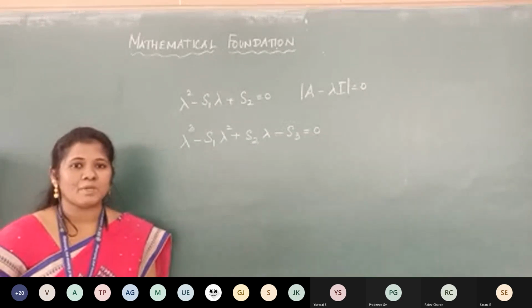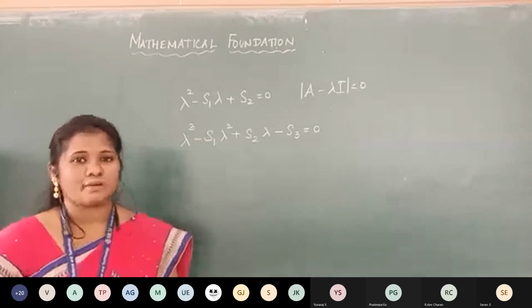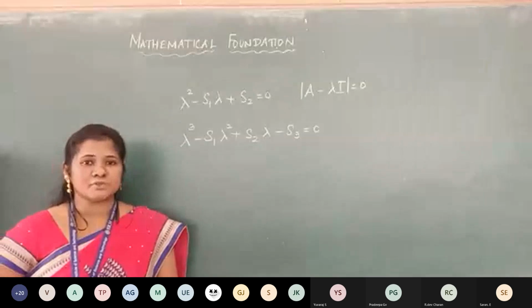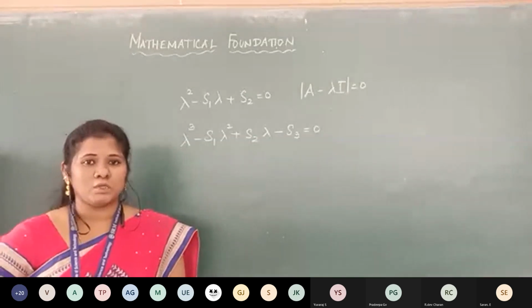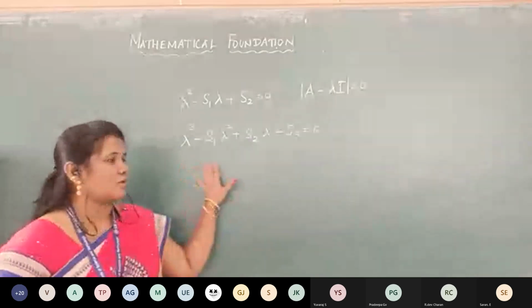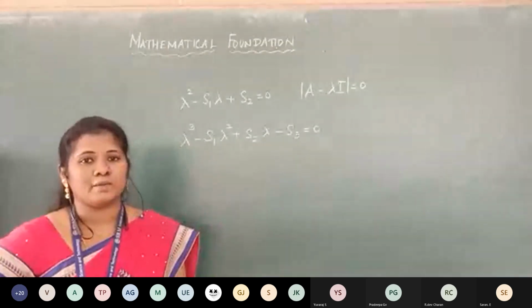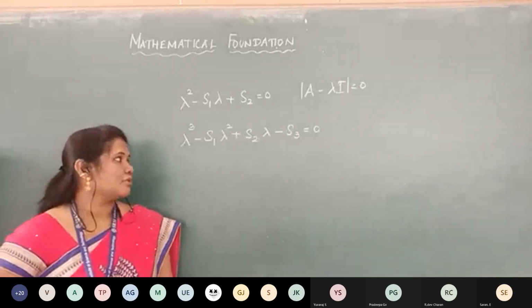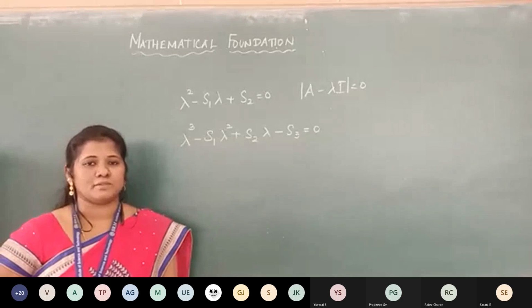So verify your Cayley-Hamilton theorem means, what is your statement? Every square matrix, whatever it is, satisfies its own characteristic equation. Your characteristic equation is nothing but this, and instead of lambda, you will substitute A. A is nothing but the given matrix. So that given matrix, definitely it will satisfy if it is a square matrix.